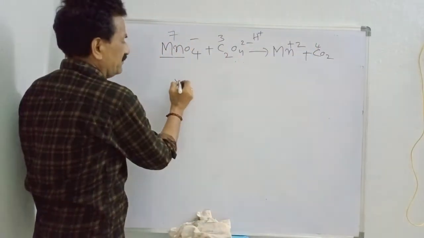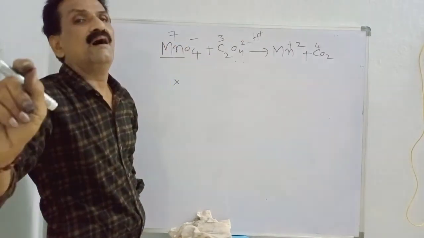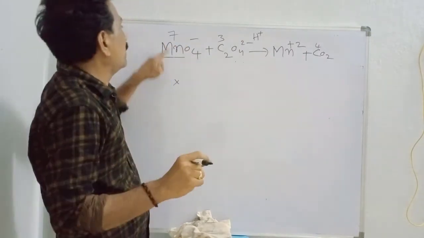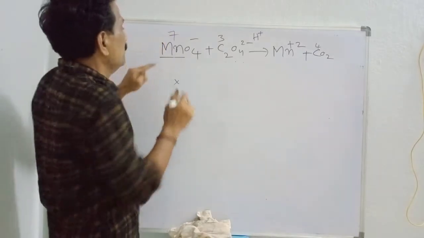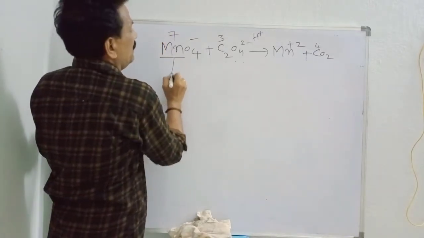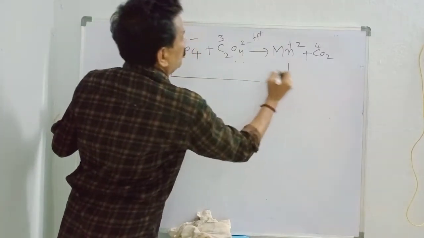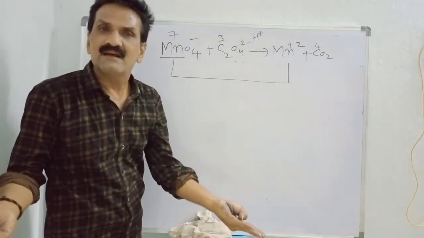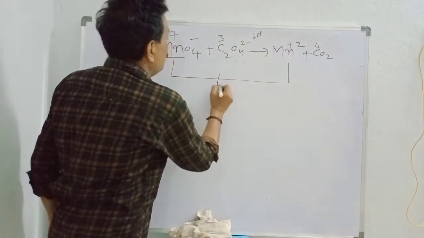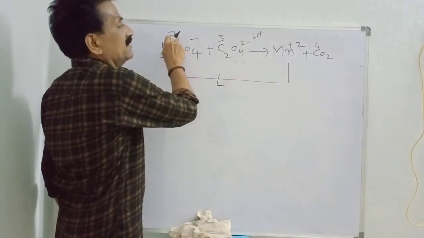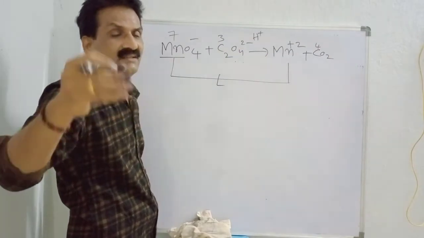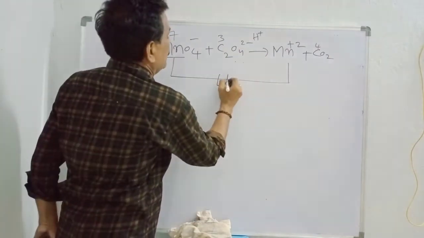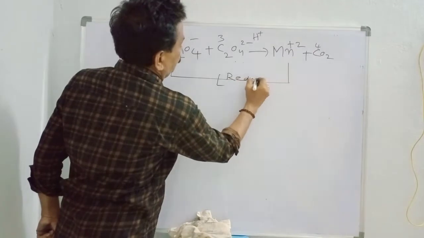What I have done? Calculated the oxidation state on the respective ions. Mn 7 to Mn plus 2: decrease or increase? Decrease. If the oxidation number goes from 7 to 2, a decrease of 5 units, that indicates nothing but reduction.